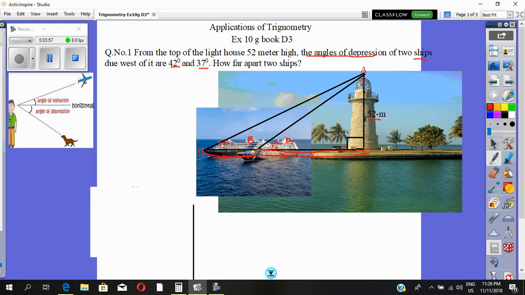To find BC, we have the opposite side and then the adjacent side. For opposite and adjacent, we use tan theta.